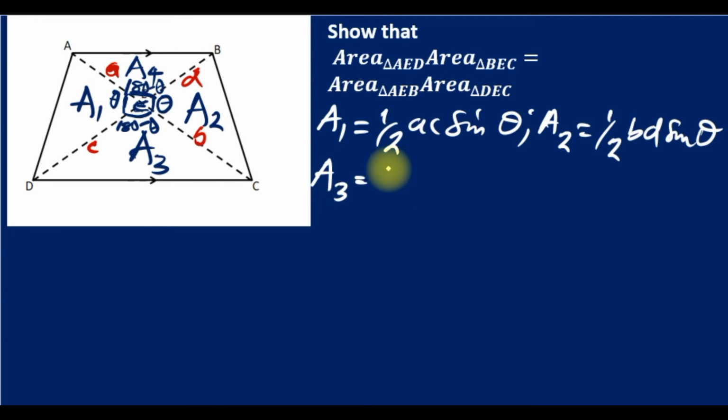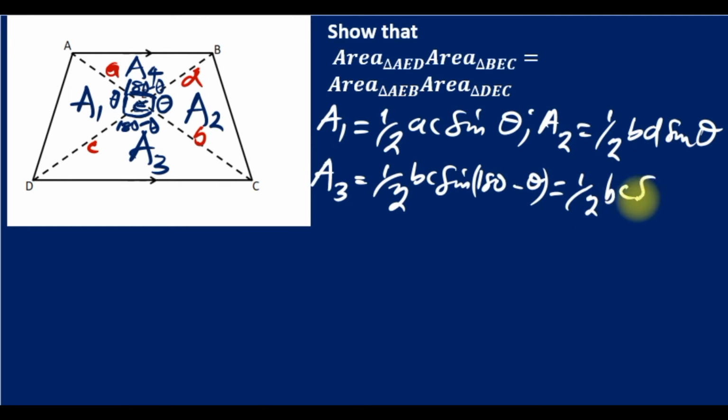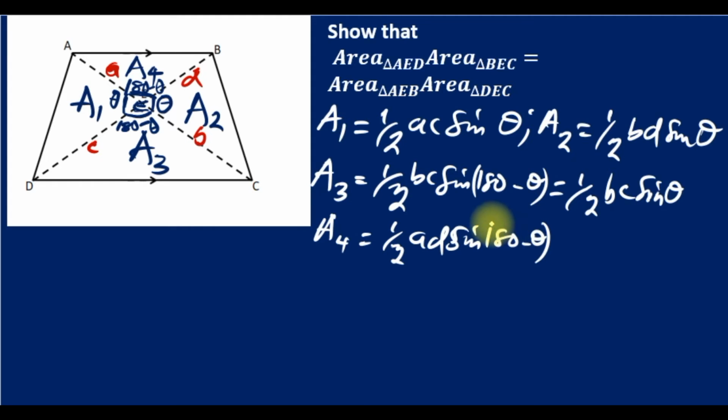A3 is half BC sine of 180 minus theta, and we know in trigonometry sine of 180 minus theta is sine theta, second quadrant. So we have half BC sine theta. And finally, A4 is half AD sine of 180 minus theta, which is half AD sine theta.